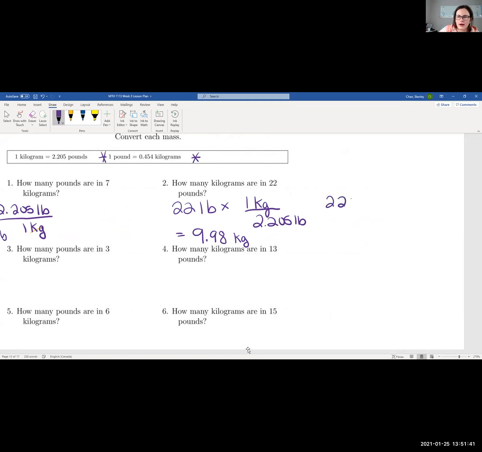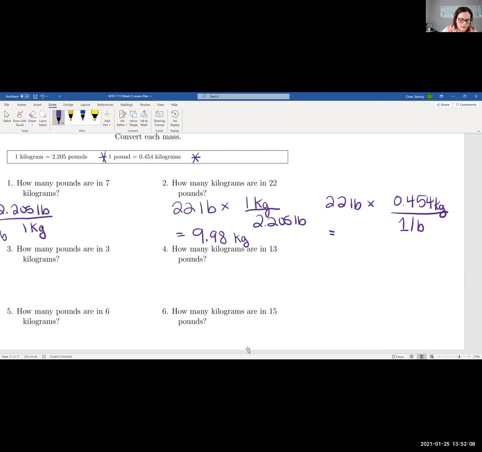So 22 lb times 0.454 kilograms per 1 pound. That'll also allow us to do the same conversion, so it should bring us the same number.